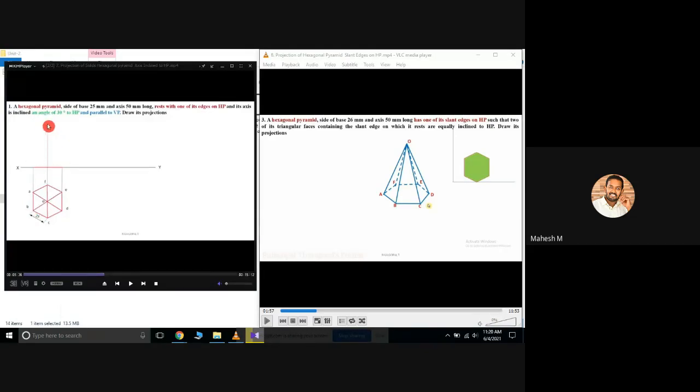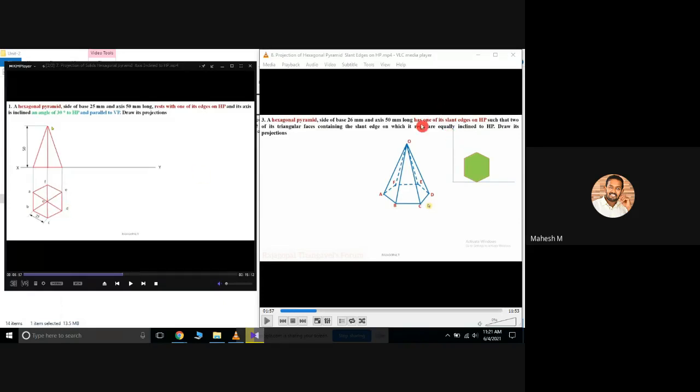Here you will have an inclined line. What is the name of this inclined line? This particular point is O, and this particular point is D of E. So this line will be called ODE. ODE is a triangular face.